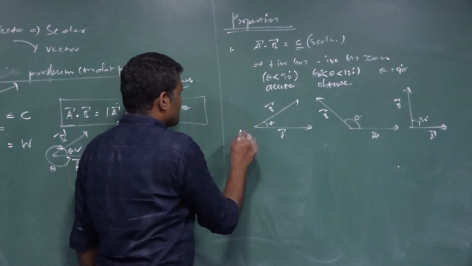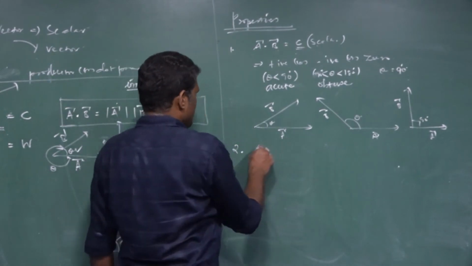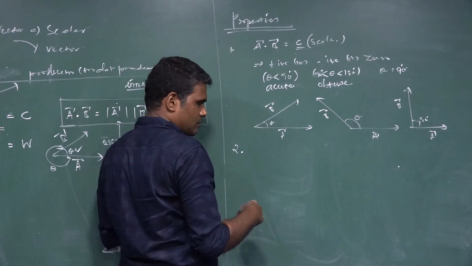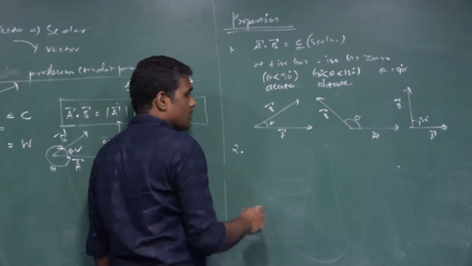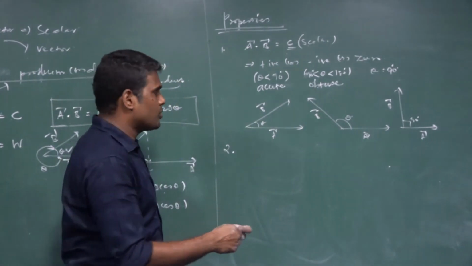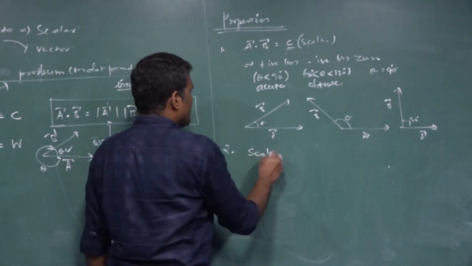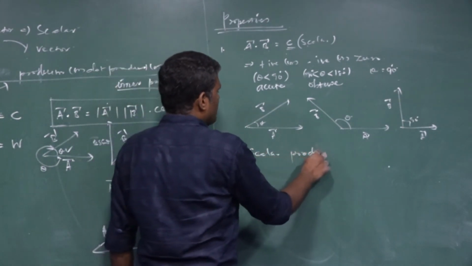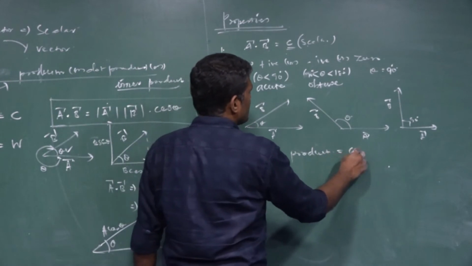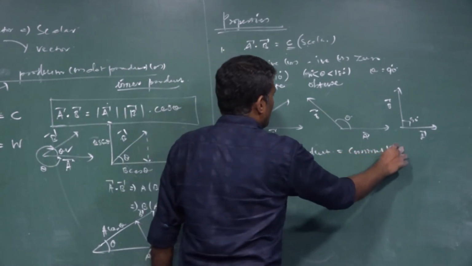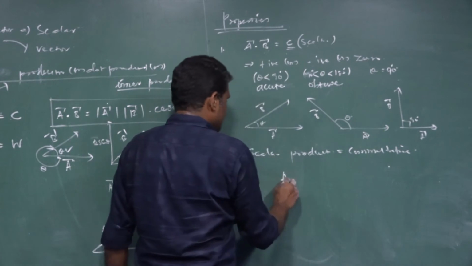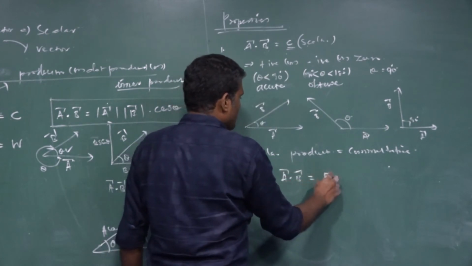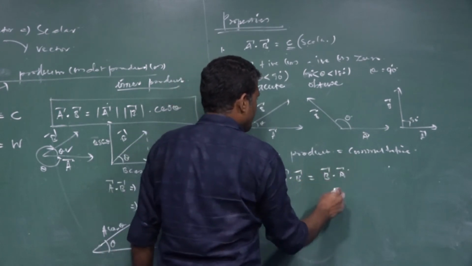The second property is that the scalar product of two vectors obeys the commutative law. That is, a vector dot b vector is equal to b vector dot a vector.